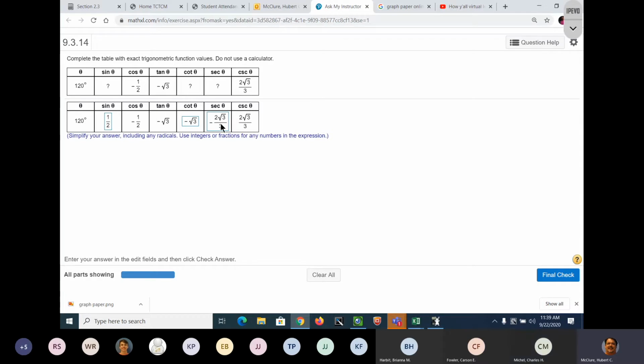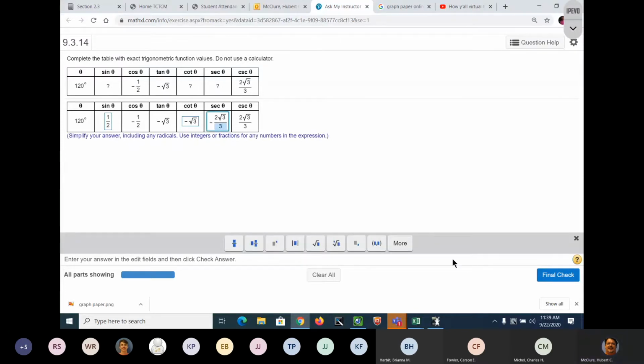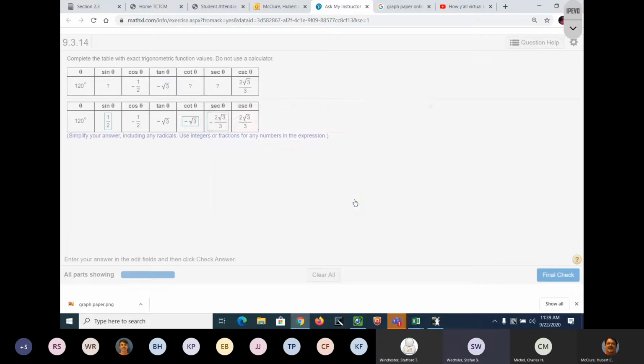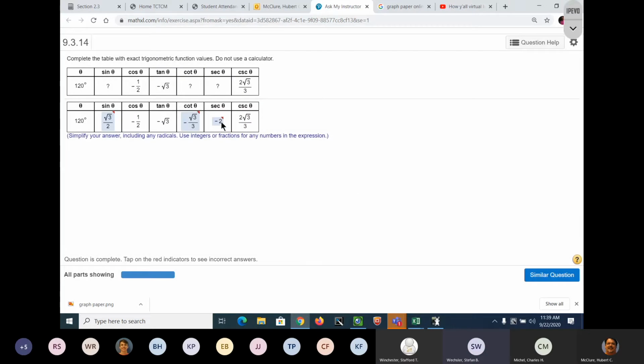And I've got something wrong. What is that? Negative 2 square root of 3 over 3. I don't know why that one's wrong. Oh, well. Negative 2. Your tangent and cotangent were the same. Tangent and cotangent. And cosine. I didn't get secant as negative 2.